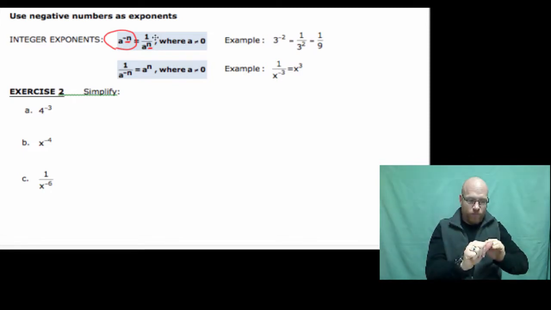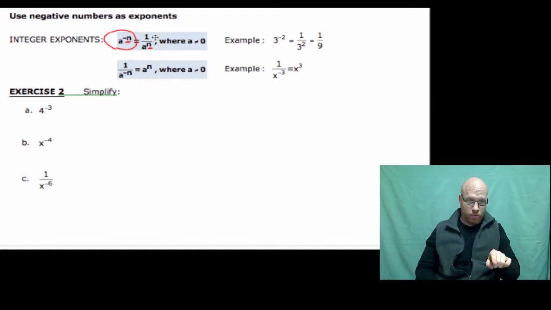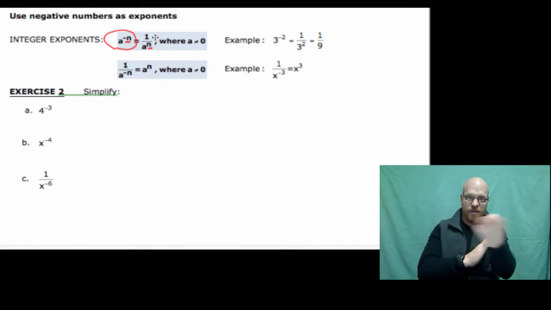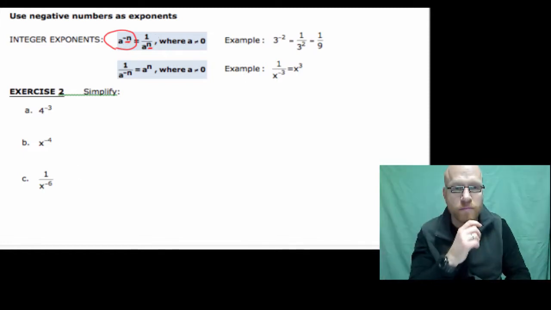So it moves to the denominator, and then n goes from negative to positive. So it's 1 over a to the n power. Positive n, that is.